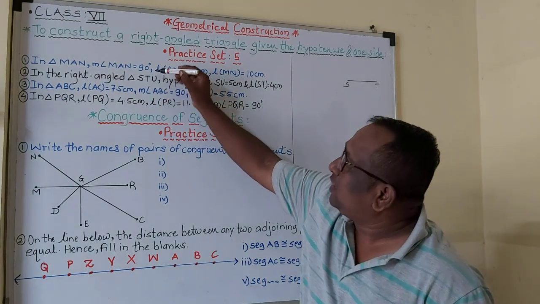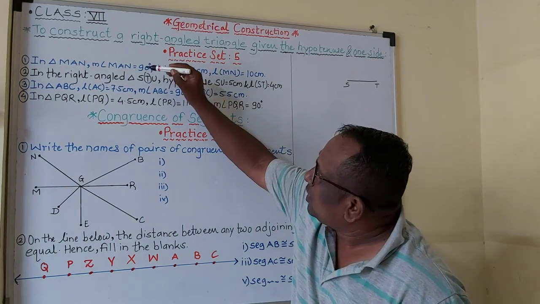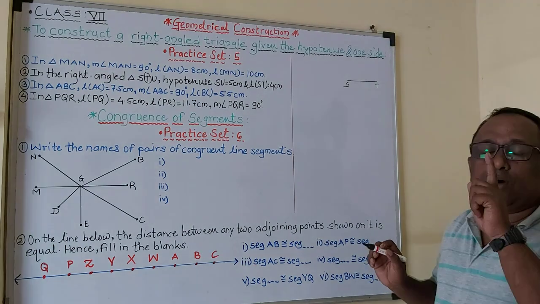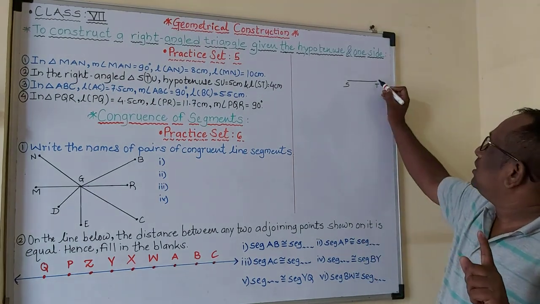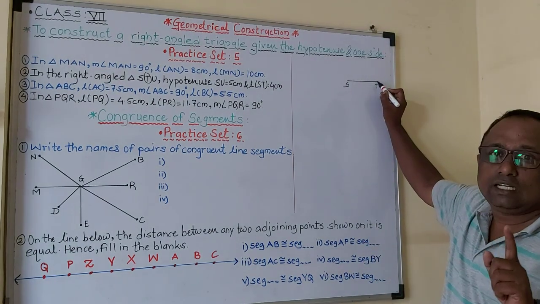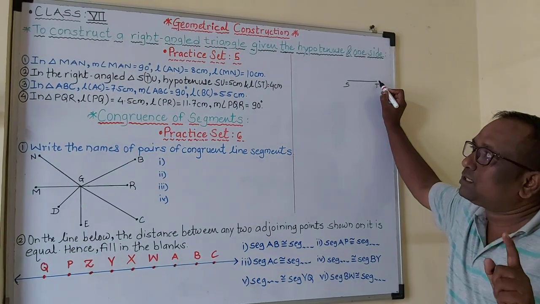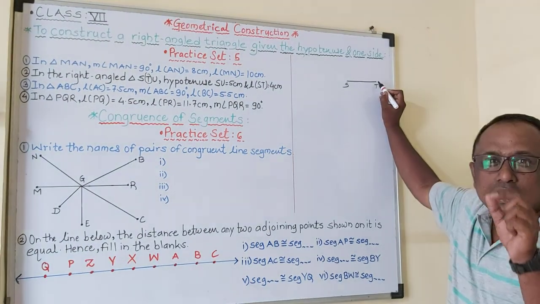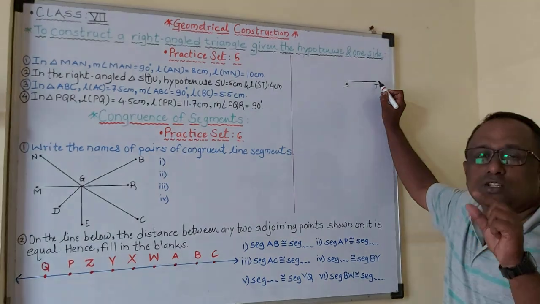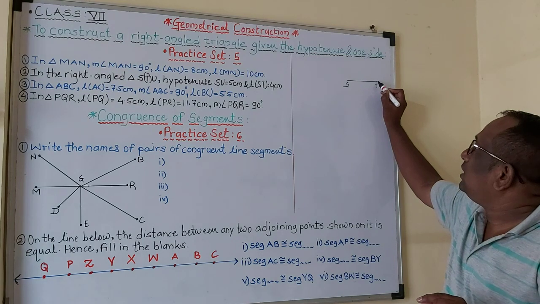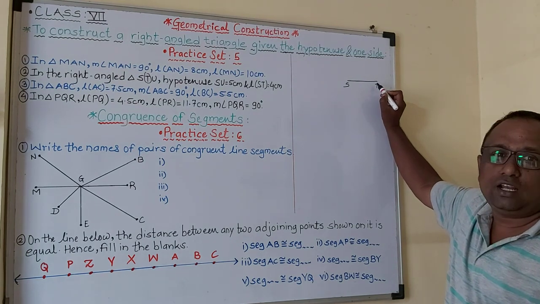So T is at the center, so our right angle is here at the letter T. Always keep in mind, as I told you in the previous practice also, the middle letter always indicates the angle of the triangle. So here T is our right angle.